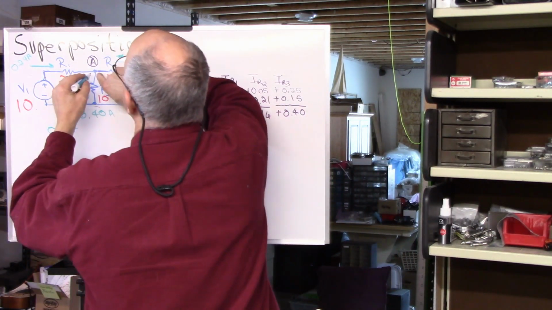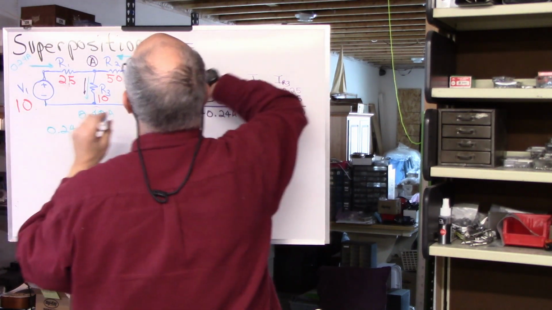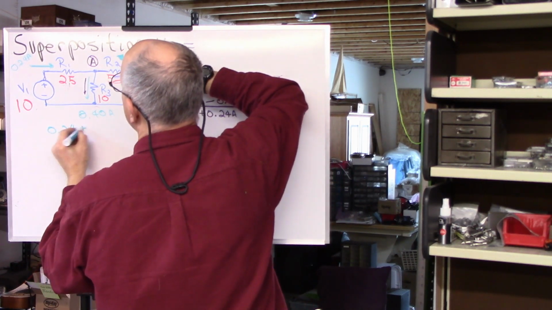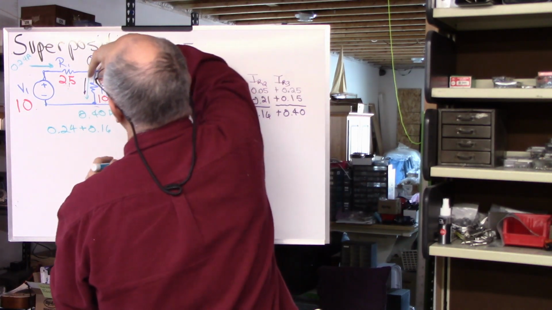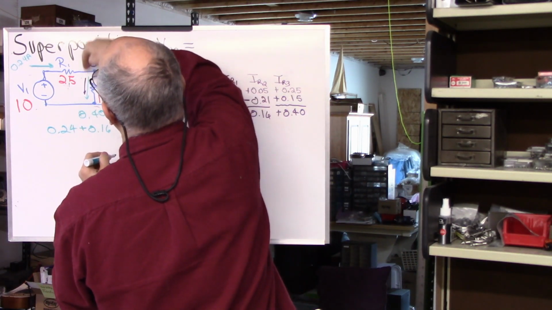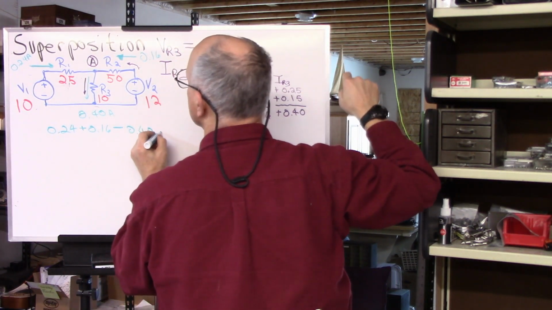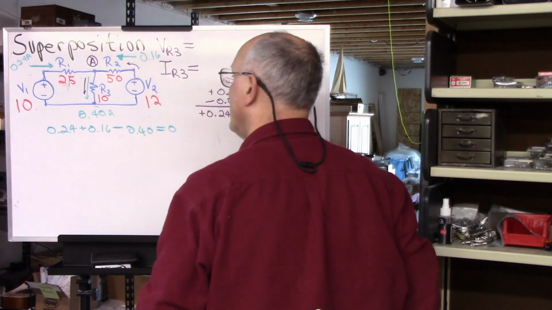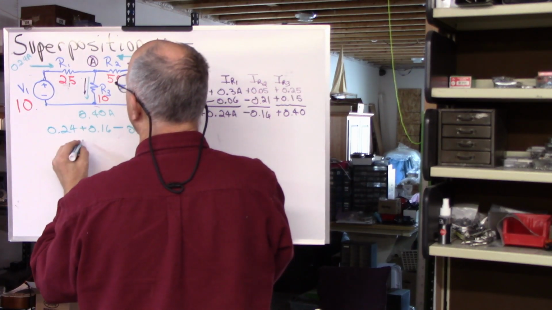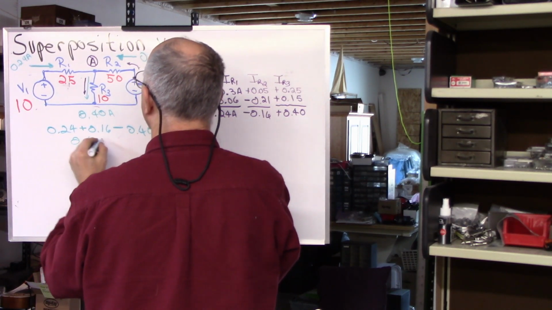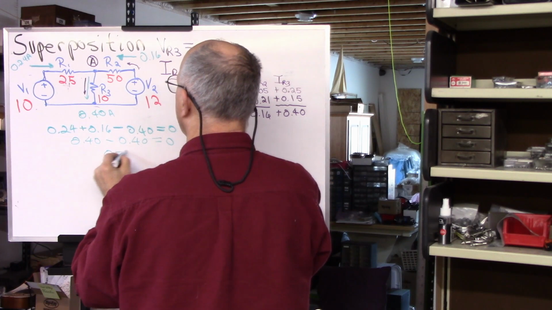So we're talking about node analysis now. So 0.24 amps coming from here, 0.16 amps is entering the node from here. And this is exiting the node, so that is minus 0.40 amps. Does this equal 0? Well, let's see. 0.24 plus 0.16, that is 0.40 minus 0.40 equals 0. 0 equals 0.